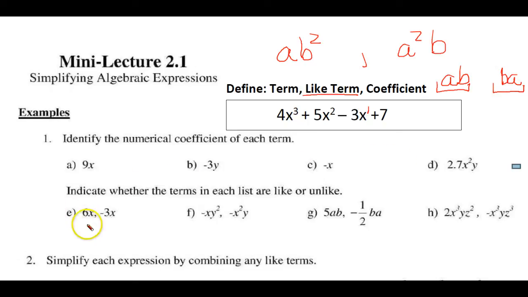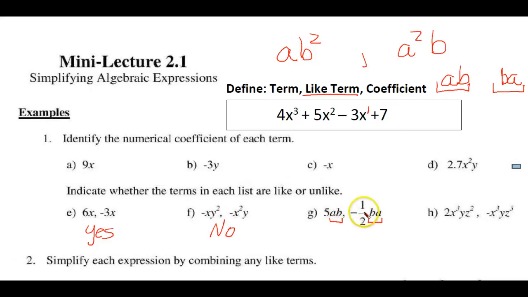So let's do this part. Are these like terms? And x to the first, yes. Now here we have what we actually mentioned up above, y to the second, y to the first. So these are no, not like terms. Now here we have an AB, here we have a BA.